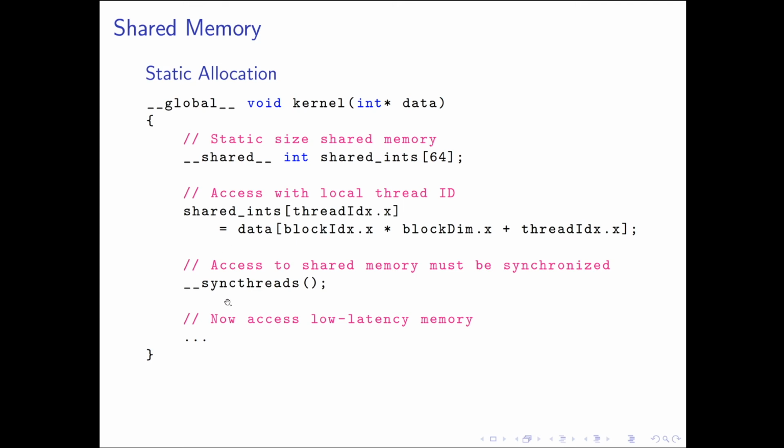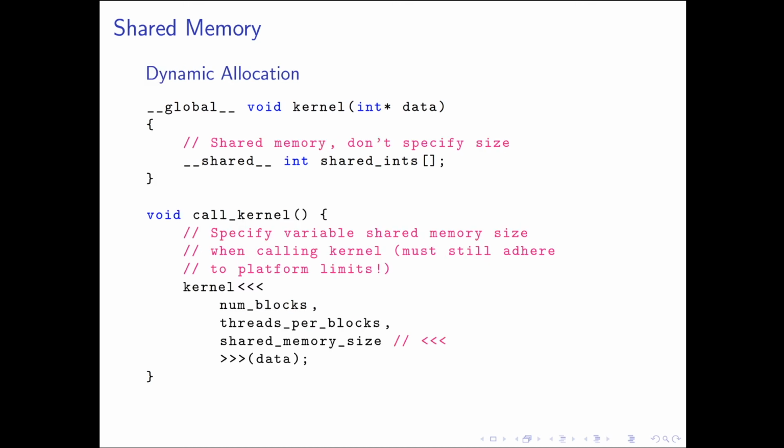So this is static shared memory allocation, and then there's also dynamic shared memory allocation. With dynamic shared memory allocation, we just omit this integer literal here, because we don't know in the kernel how much shared memory we'll actually use. Instead, we have the host performing the memory allocation by using the kernel configuration. Before, the kernel configuration was only comprised of passing the number of blocks and the number of threads per block, so basically the grid size.